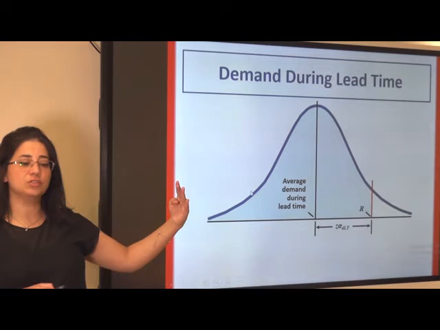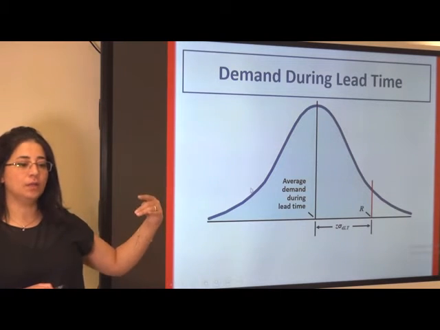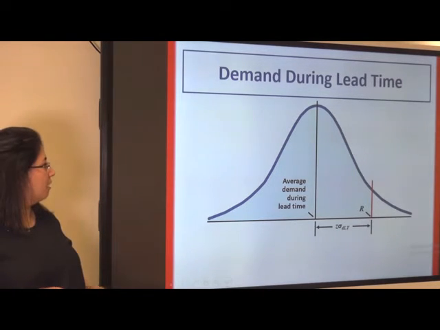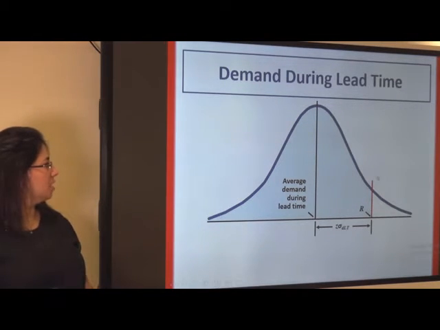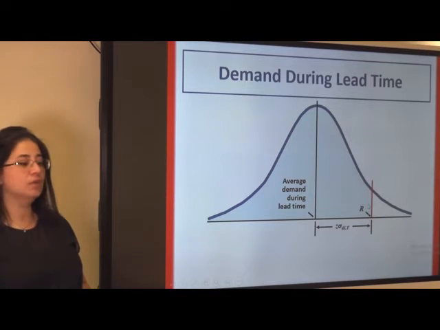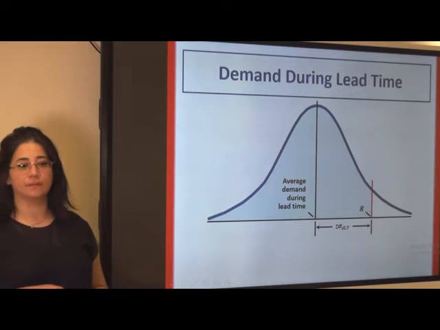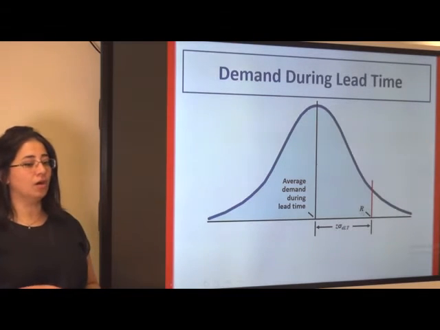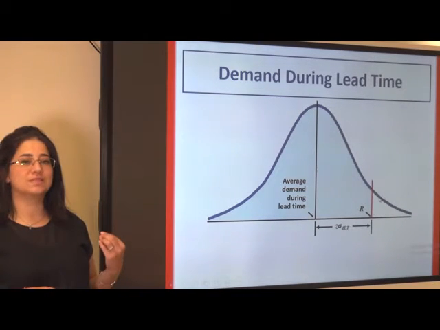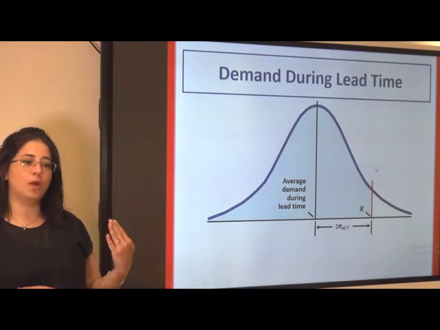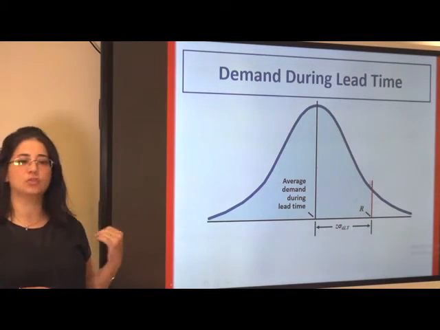So I'm adding a safety stock. R equals average demand during lead time, the pipeline, plus safety stock. This is R. The probability of not stocking out here is called the service level. So we have to determine R based on something called service level. Service level is the probability that you will go and you will find the product that you want.